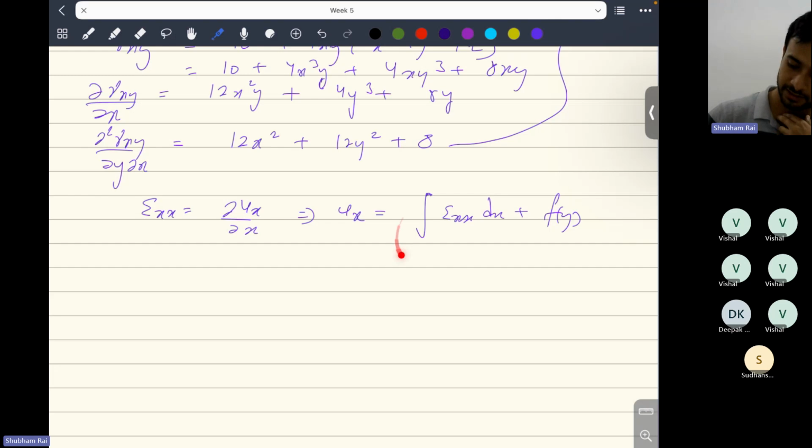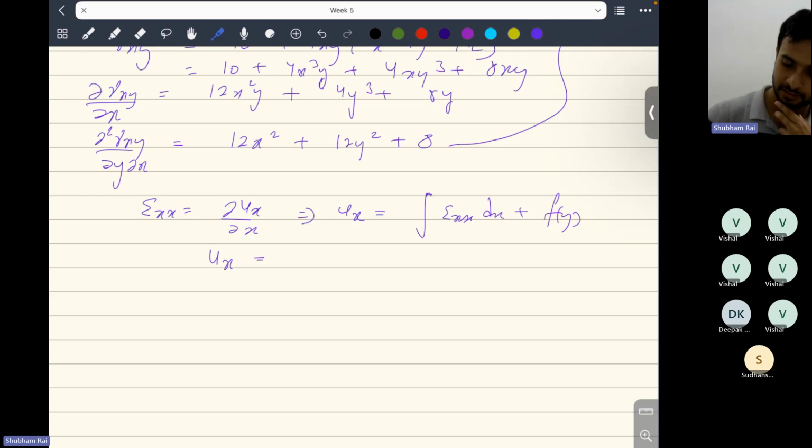Because if you differentiate this, you will get ∂ux/∂x equal to εxx, and since this is a function of y, its differentiation will be 0. So just integrate εxx with respect to x.